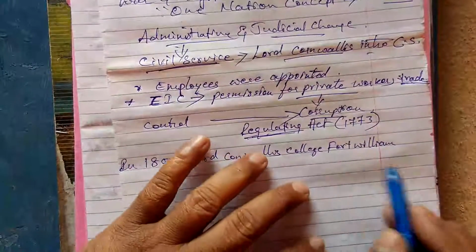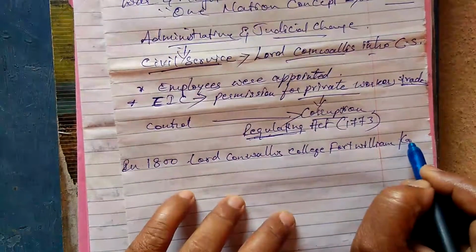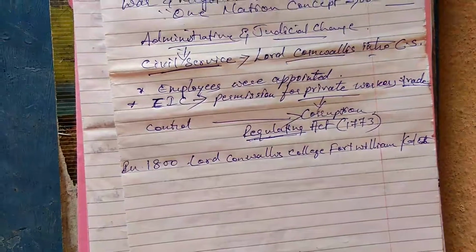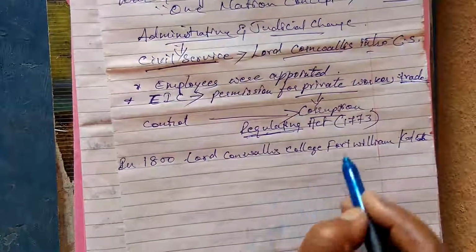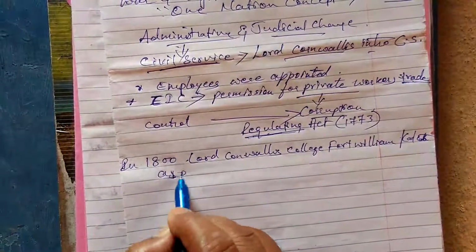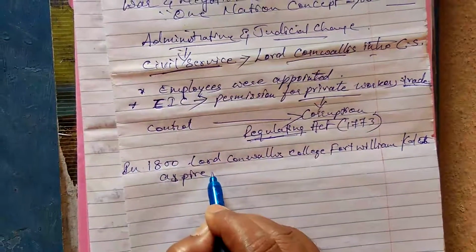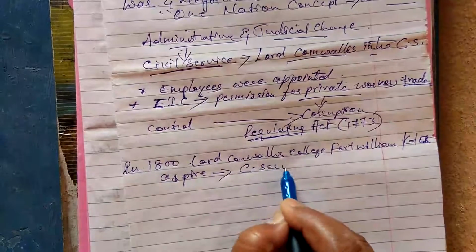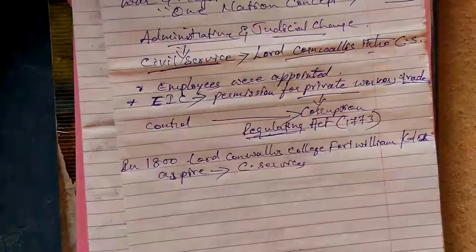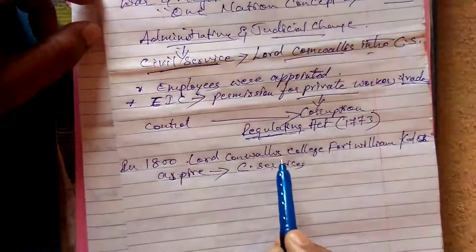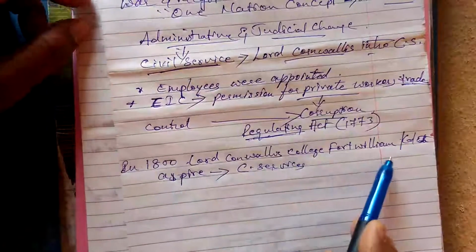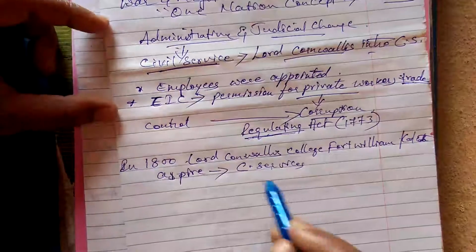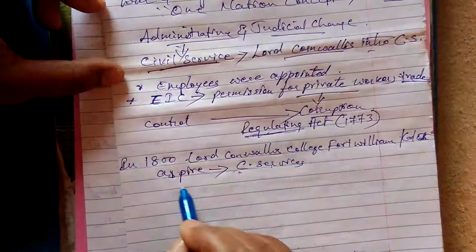This Fort William College was introduced in Calcutta. Once it was introduced, it encouraged people to join civil services. Remember, for the first time, Lord Cornwallis planned to provide job opportunities even for Indians in civil service. But this plan failed.